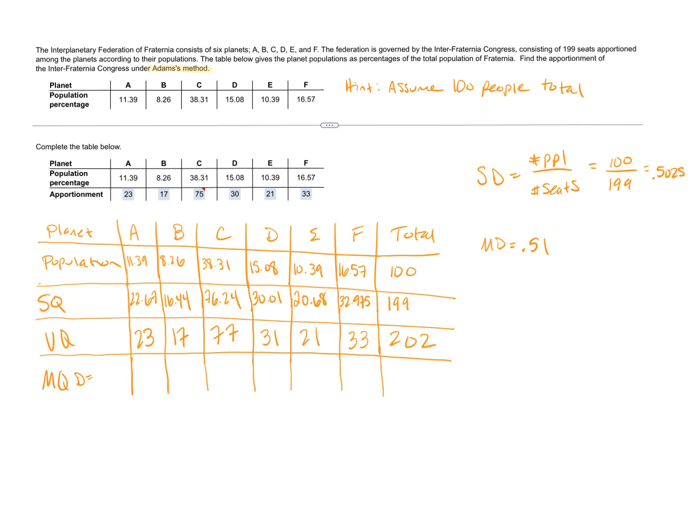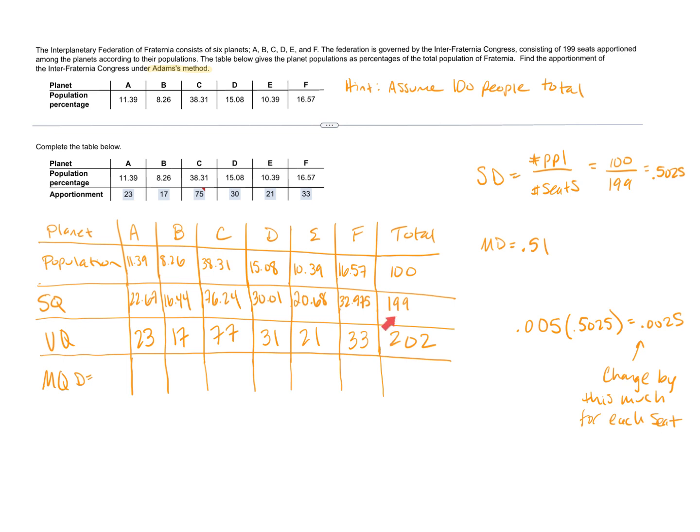I just did a little bit of mental calculation. 0.5% is 0.005, and multiplied by 0.5025, I get 0.0025. So change by this much for each seat that we're off.